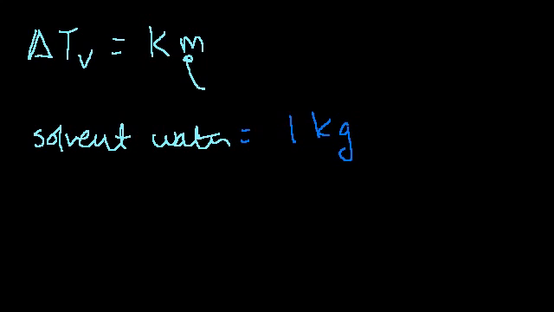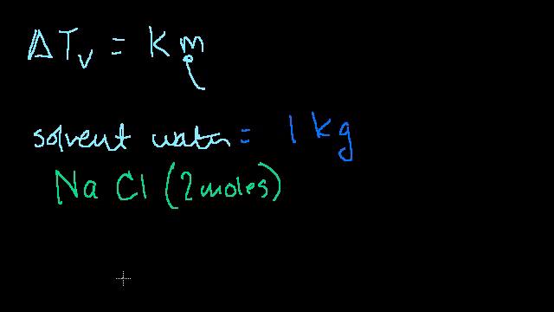And let's say I have some sodium chloride, NaCl. And let's say I have 2 moles of NaCl. The question is, how much will this raise the boiling point of this water?